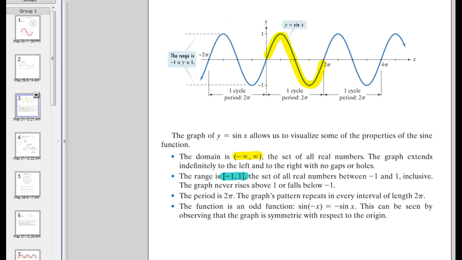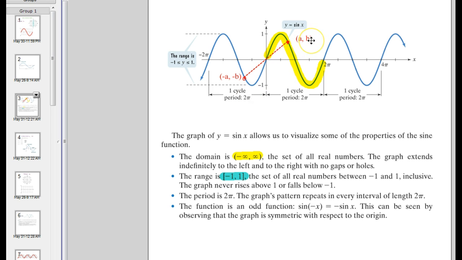So again, what that means is if a point (a, b) is on the graph of the sine function, if we went from that point through the origin and then came out the other side the exact same distance, we would hit another point on the graph, and the coordinates of that other point would be (-a, -b).